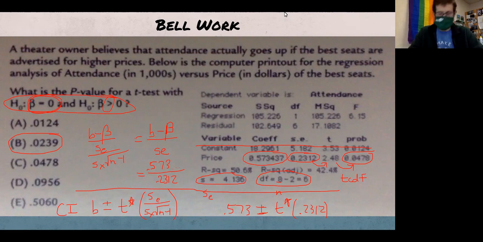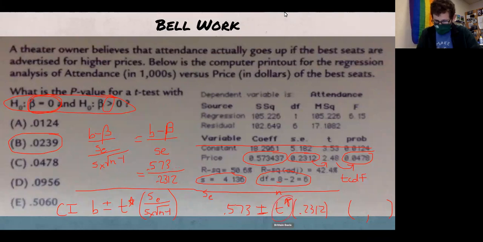So the 0.573. But that might not be true of the population. That might just be true of the sample. So what is the true value for the population? We think it's going to be somewhere between the lower bound of our confidence interval and the higher. And we could figure out what it is, but essentially we'd have to know what t star we're going for.